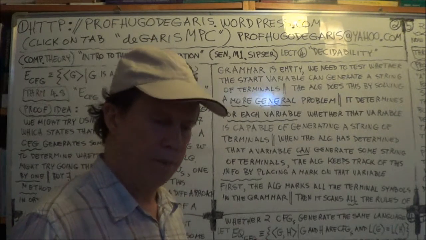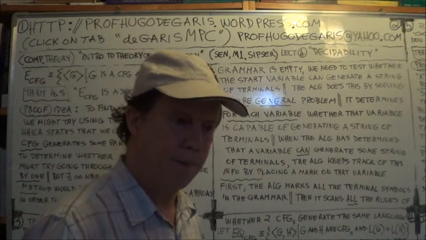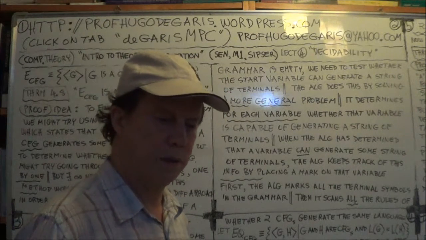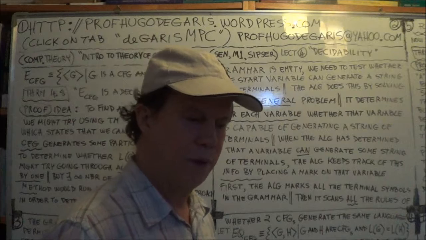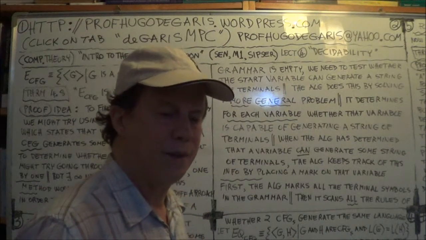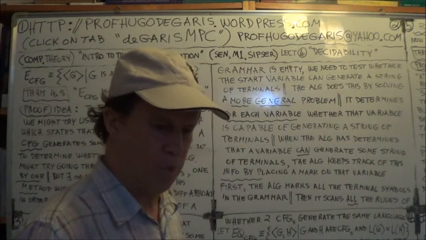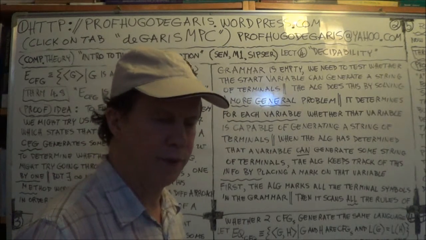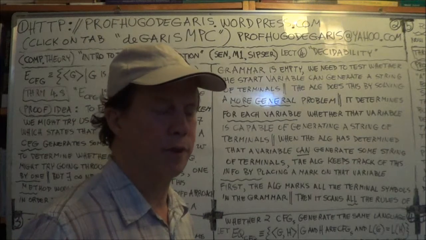Okay? Alright, so thinking along these lines, let's say this particular grammar, G, that we're putting into our algorithm. Imagine this algorithm now exists. So we put in grammar G, whatever it is, context-free grammar, of course.